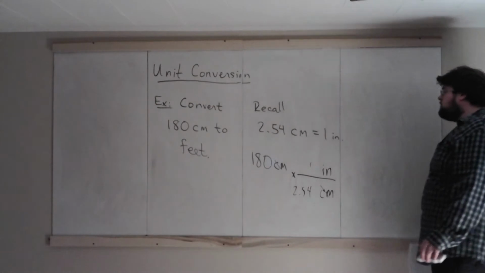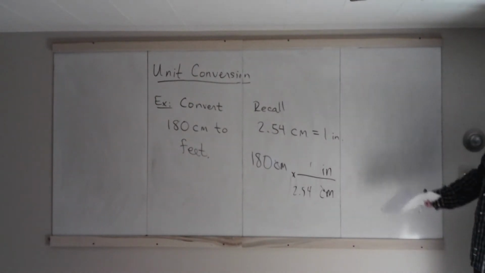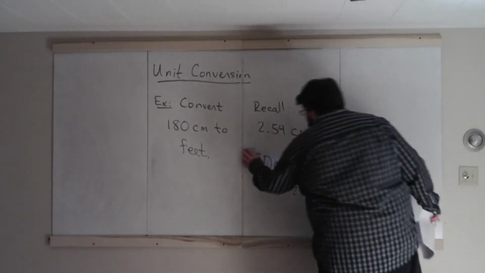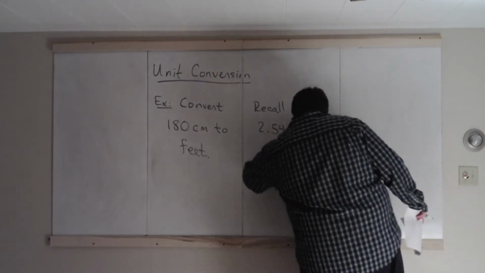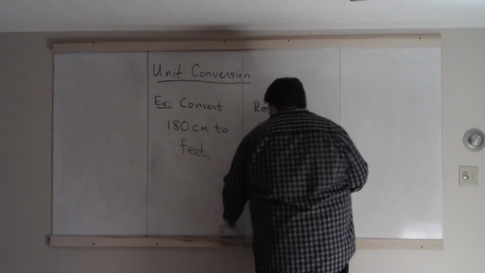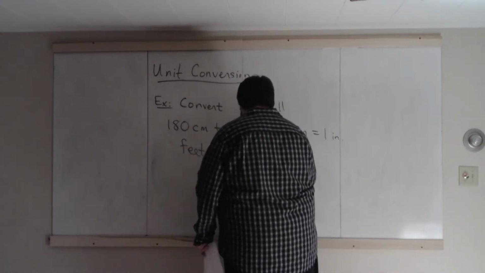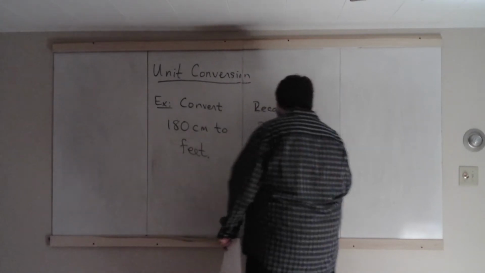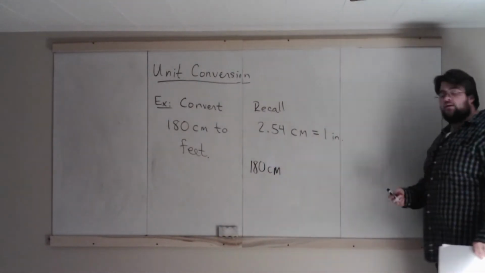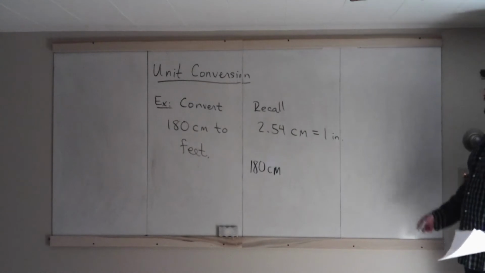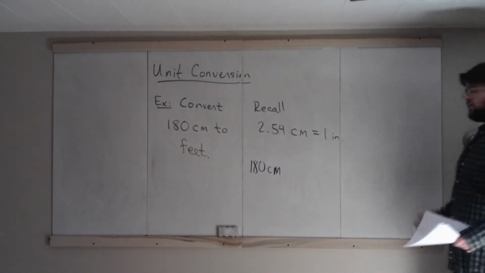I will not give you that, because we can use this one to find it. So we want to convert 180 centimeters to feet. We have this conversion factor, centimeters into inches. So let's first convert to inches and then convert to feet.